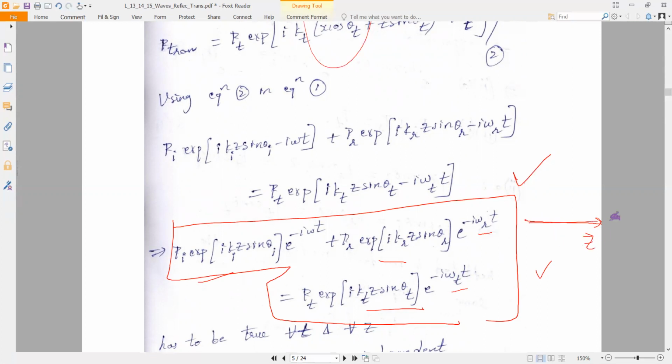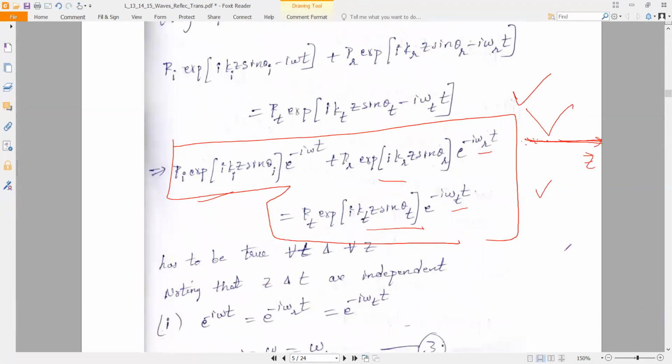Right? Z is this direction. This equation has to be valid for all points along the interface and at all times. Since z and t are independent variables, I can set the corresponding time variables to be the same.